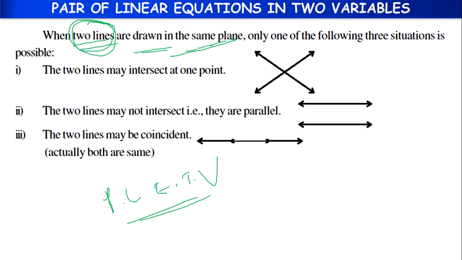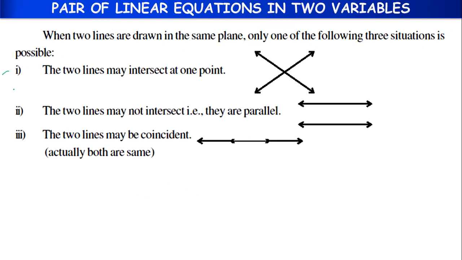Between these two lines, only one of the following three situations is possible at a time. These two lines may intersect at one point, such that they will have only one solution.